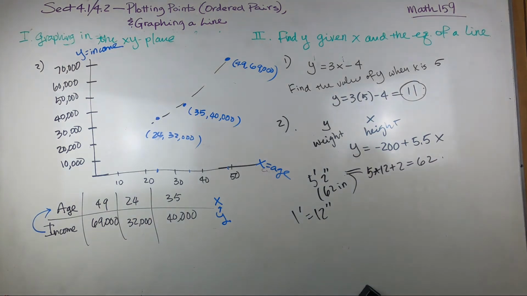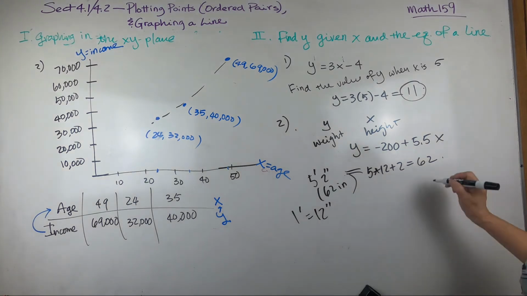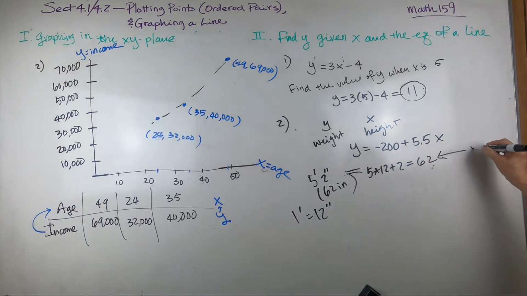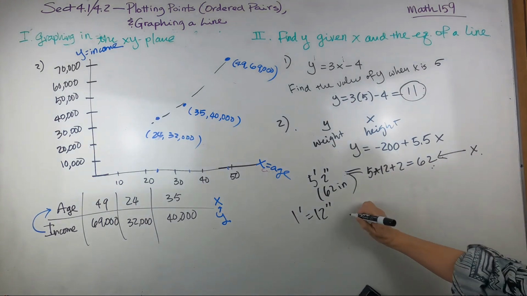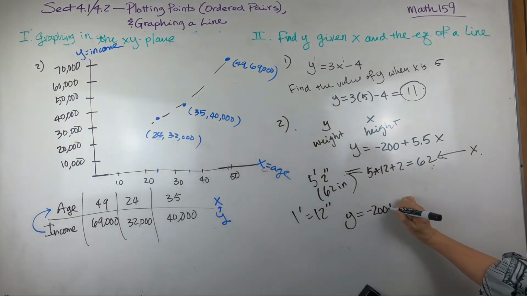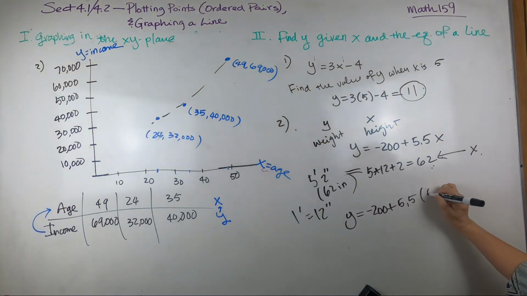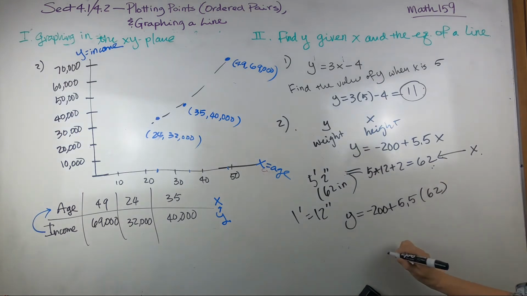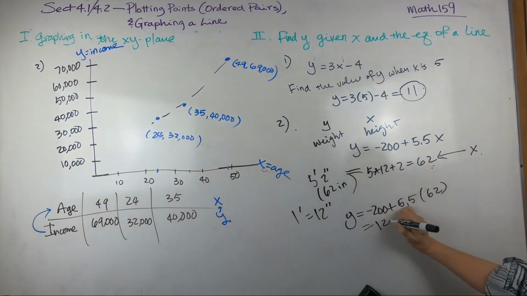For the person at 62 inches, what's the weight? This is your x. Then to find the y, you do y equals negative 200 plus 5.5 times 62. You plug in, right? That would be what?